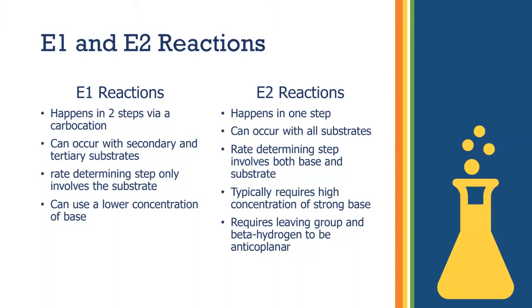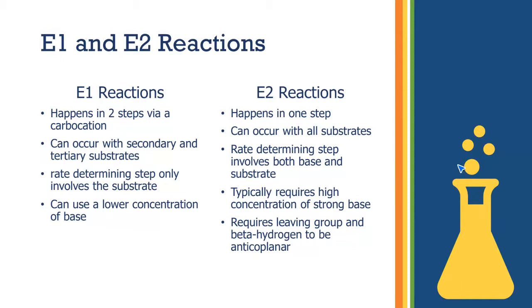And remember, that is because primary carbocations cannot actually be formed. Secondary and tertiary carbocations are the only ones that can actually be formed in a reaction. In E1 reactions, the rate determining step involves only the substrate. Hence E1, the 1 means that the rate of the reaction is first order, which means that it only involves one molecule. And for E1 reactions, you can use a lower concentration of a base, so it doesn't have to be as strong as for E2 reactions.